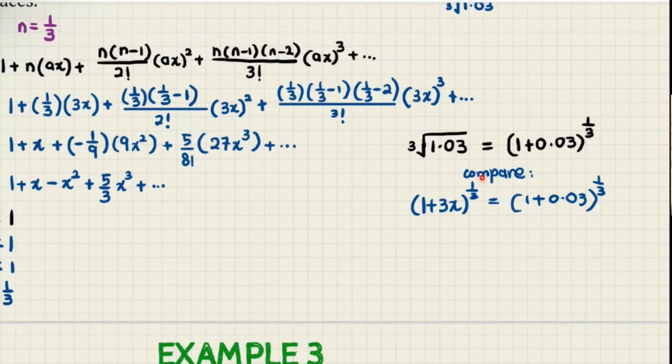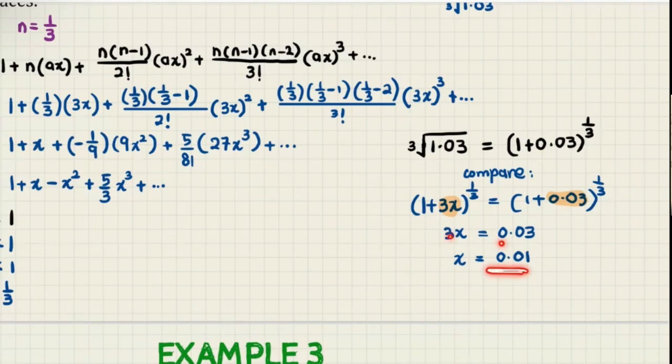Seperti kuasa 1/3, kuasa 1/3. So dah sama, tak ada masalah. 1 dan 1 dah sama, so tak ada masalah. So dekat sini kita akan dapat 3x compare dengan 0.03. So here I get 3x equals to 0.03. So that means our x will be equals to 0.01. Betul? Betul eh? 0.03 bahagi 3 dapat 0.01.